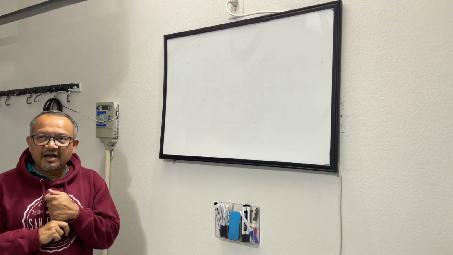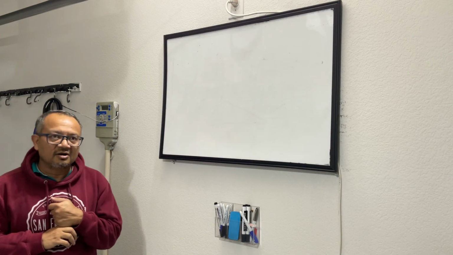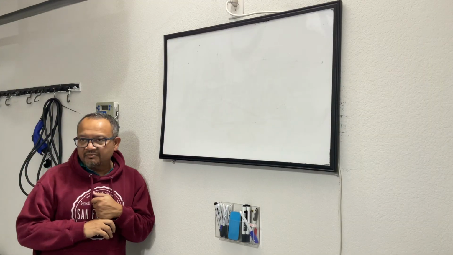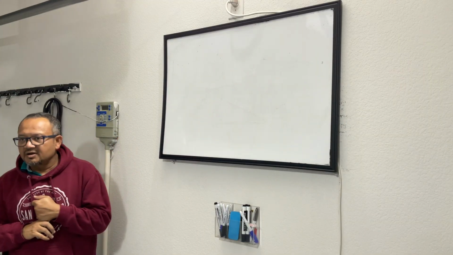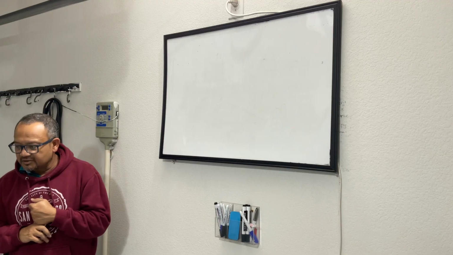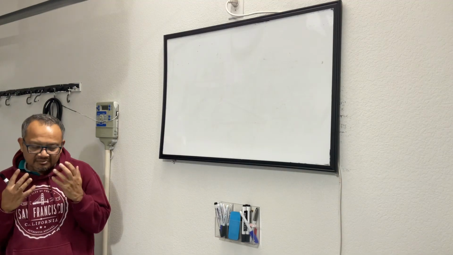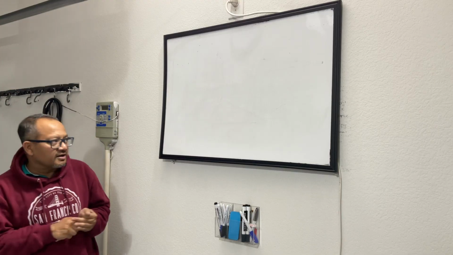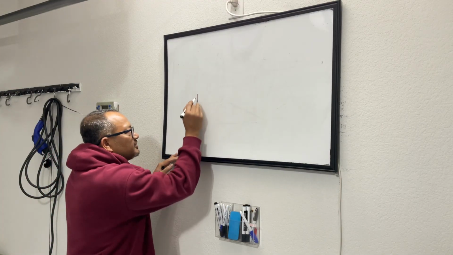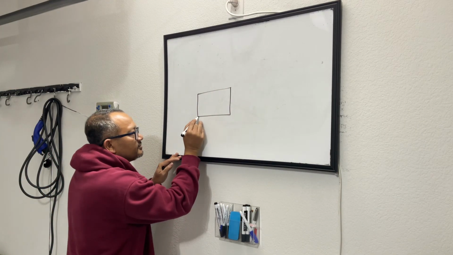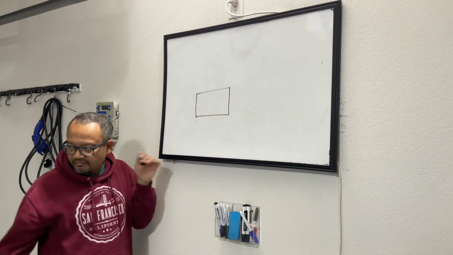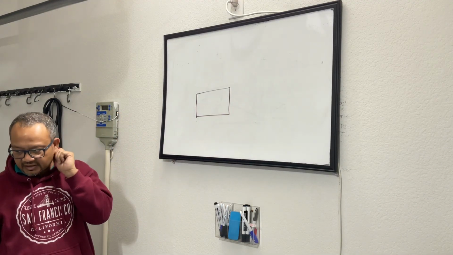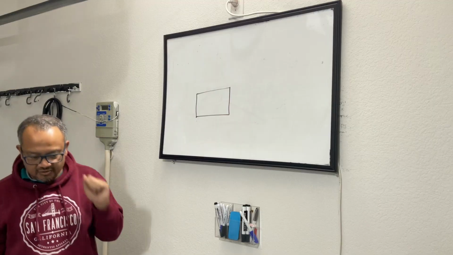Since I have already bothered you a lot with the area and perimeter of two-dimensional objects, we are going to three-dimensional objects. And three-dimensional objects are nothing but an extension of 2D objects. Look at it. This is a rectangle. You did not bring a notebook.